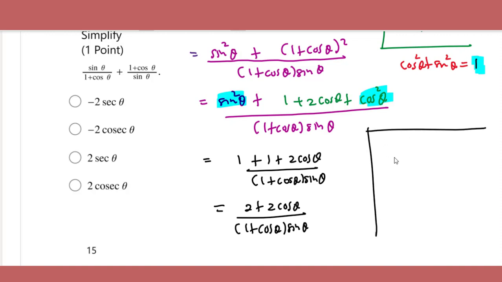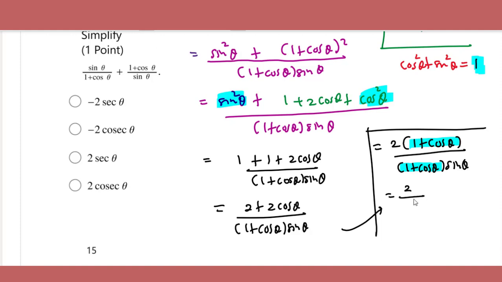Factorize 2: 1 plus cos theta over 1 plus cos theta times sin theta. The 1 plus cos theta can be cancelled. The answer is 2 over sin theta, or 2 times cosecant theta. This is the answer.